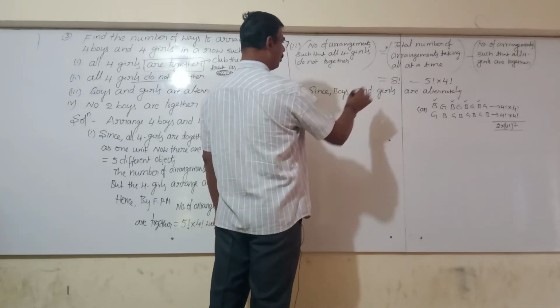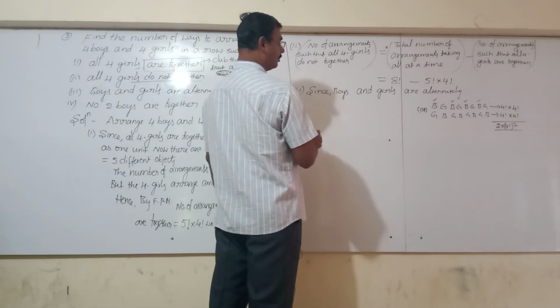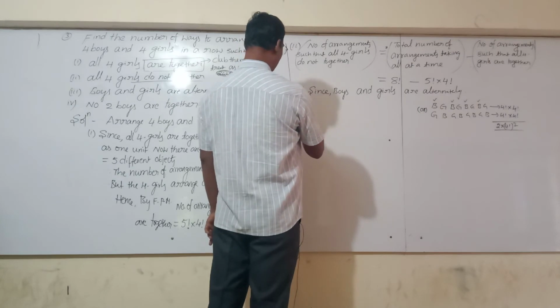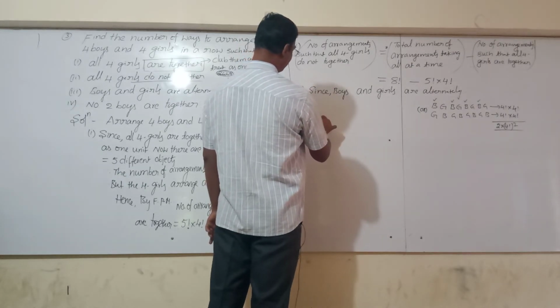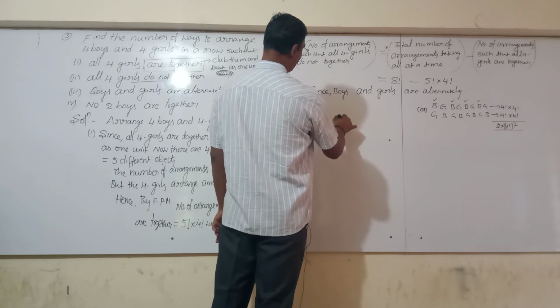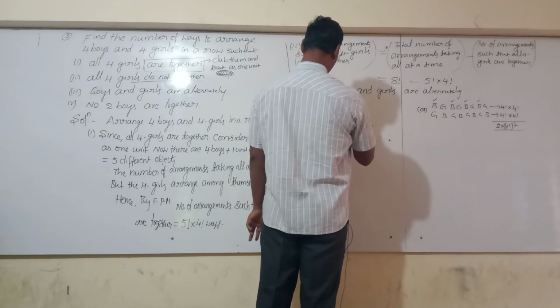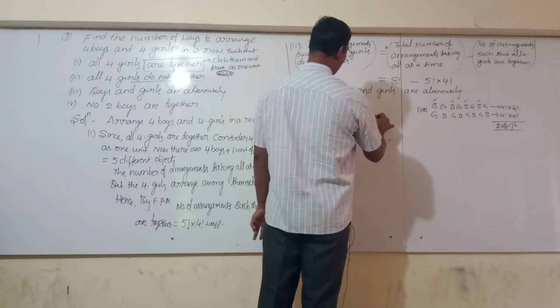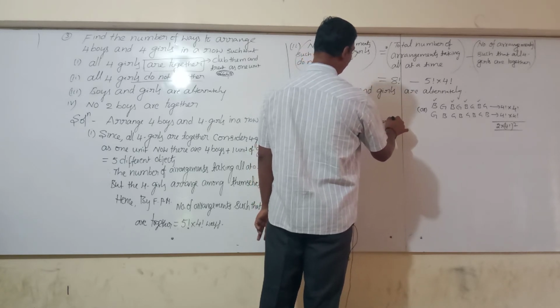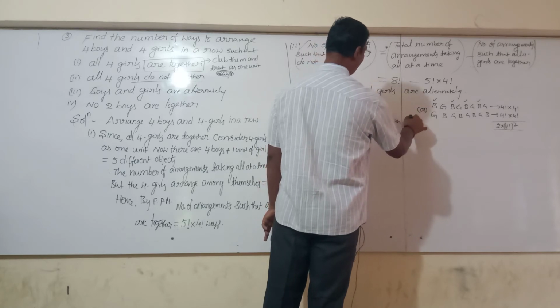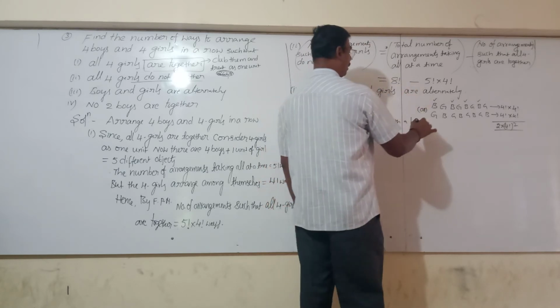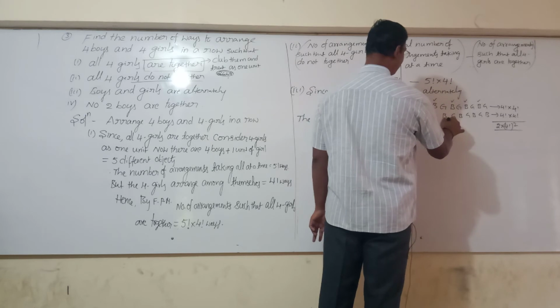Here, since boys and girls are alternate, the row may begin either with a boy or a girl.